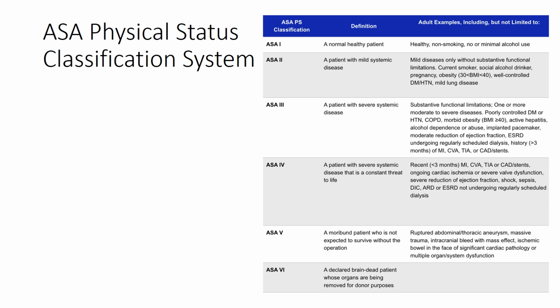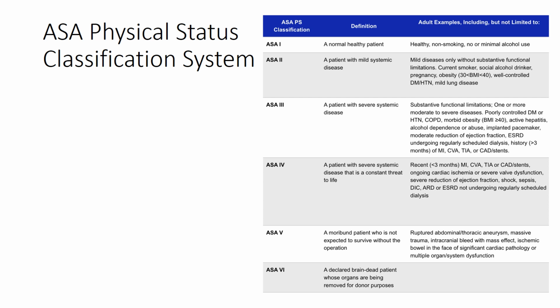So as we all know, ASA1 is a normal, healthy patient, no unhealthy habits, no smoking, minimal alcohol use, the type of person that you visualize as a health nut who is completely healthy. Most people around are ASA2s.